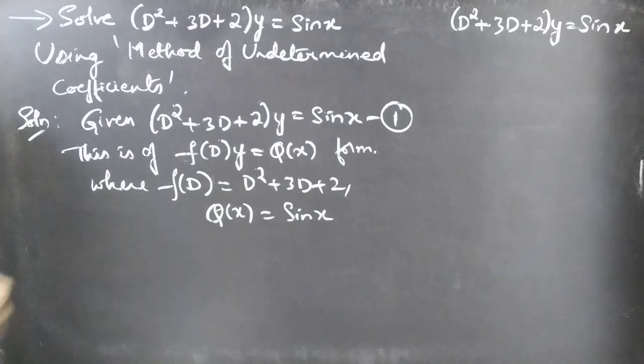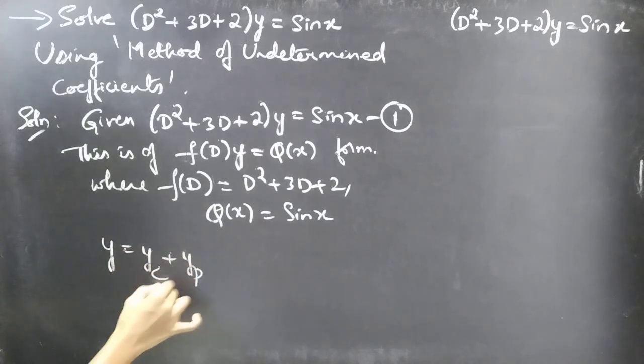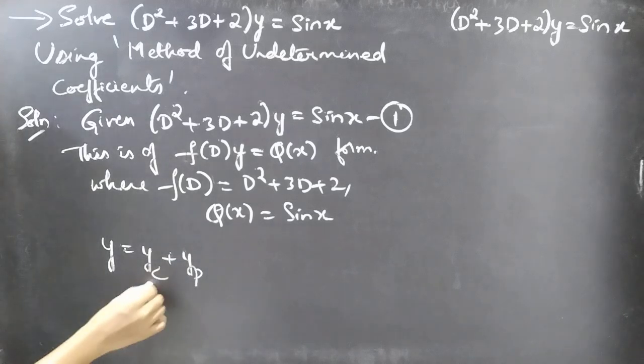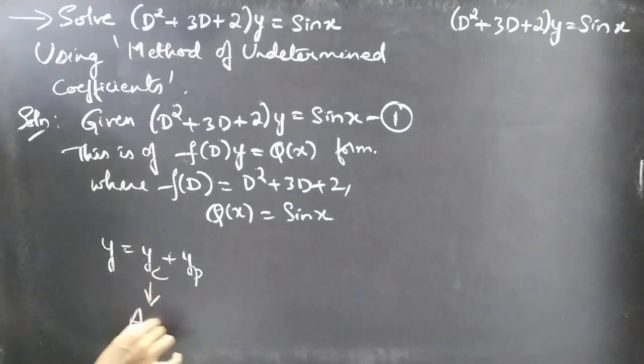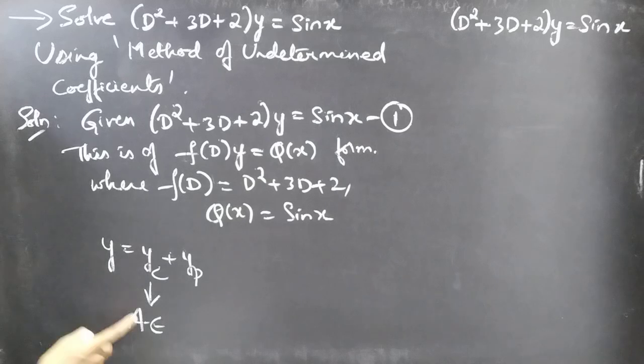Here the general solution to this equation is given by y = yc + yp, where yc is the complementary function and yp is the particular integral. We'll find yc using the auxiliary equation and we'll find yp using a trial method. Now, coming to yc, we'll find it using the auxiliary equation and later we'll go for yp.